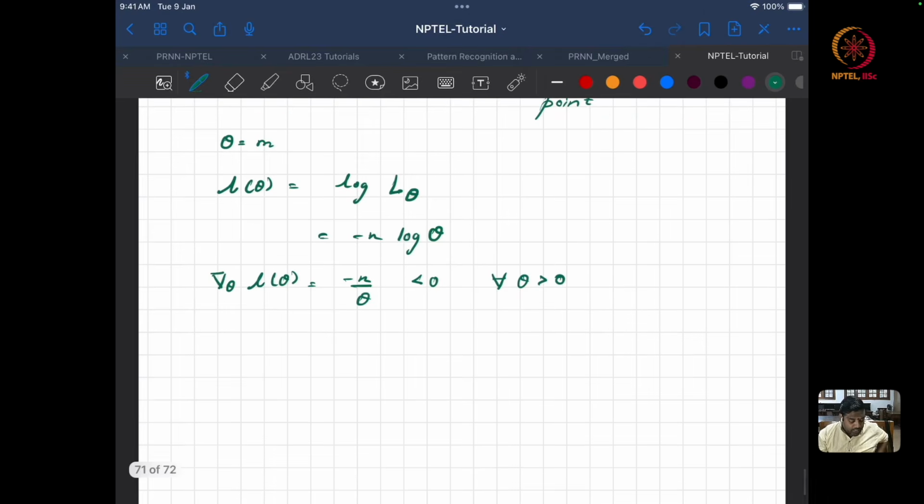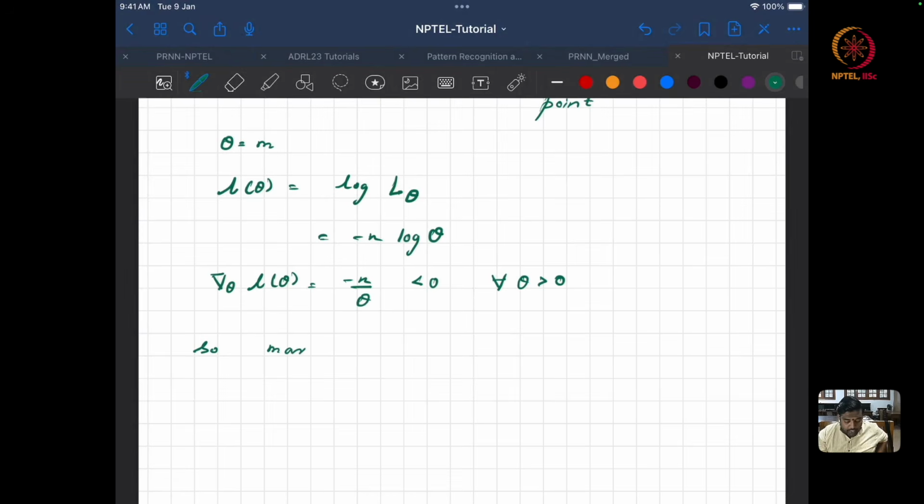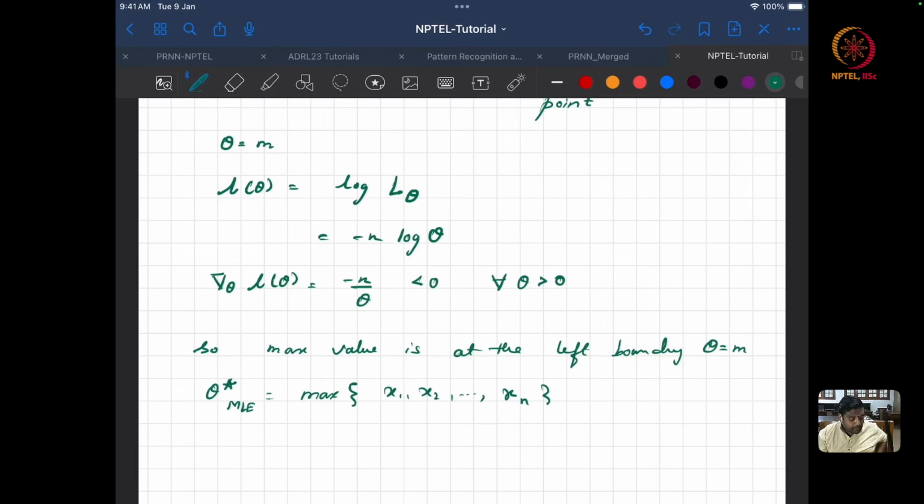So it indicates that L(theta), the log likelihood, decreases with theta. So the max value is at the left boundary, which is theta equal to m. Which implies theta star MLE is equal to the max of x1, x2, so on until xn.